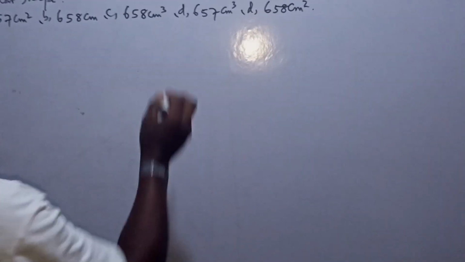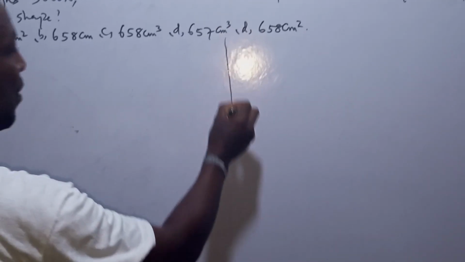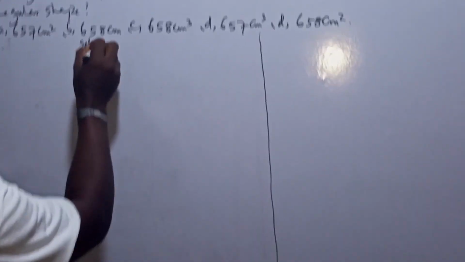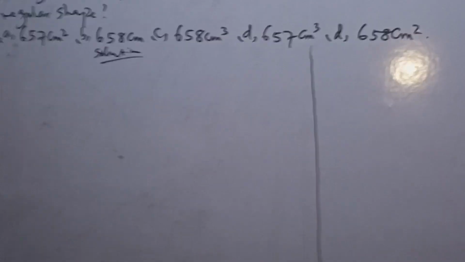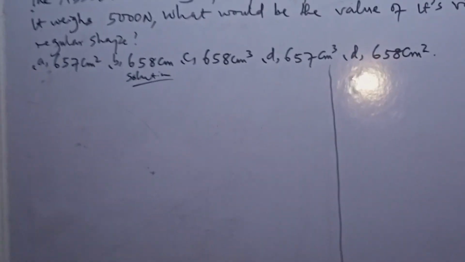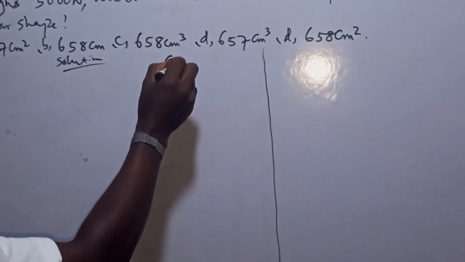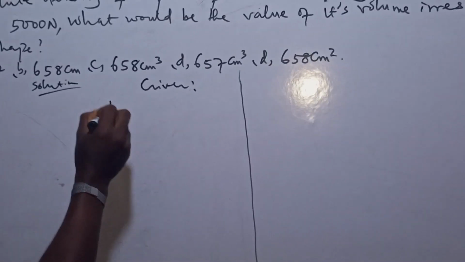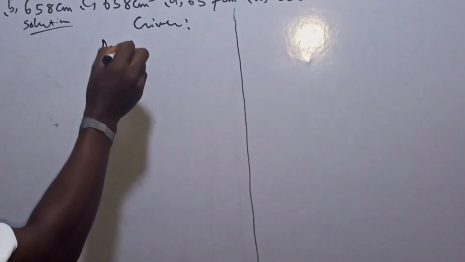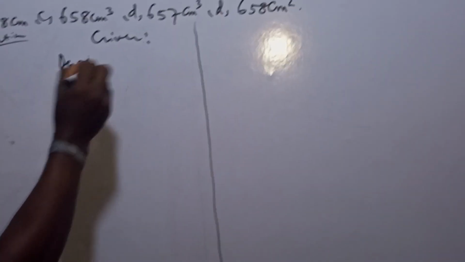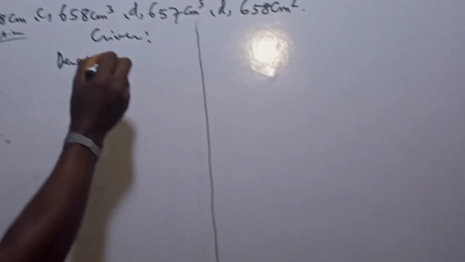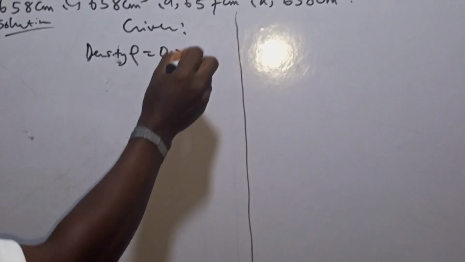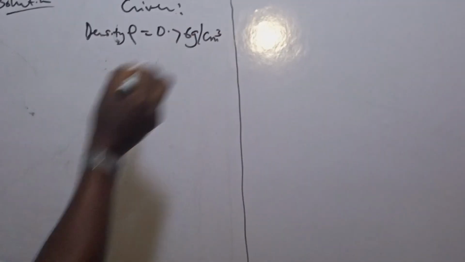Now let's see what the right answer would be. Well, solution, like I usually do and advise, write out the parameters that are given. We have here density equal to 0.76 gram per cm cube.